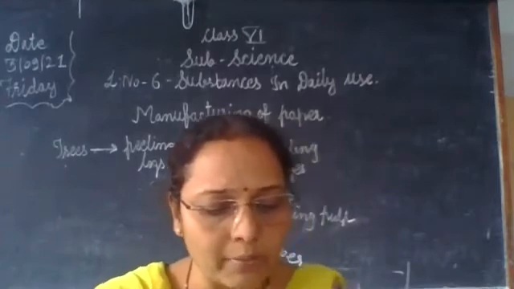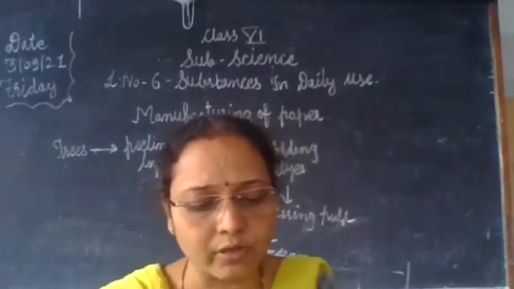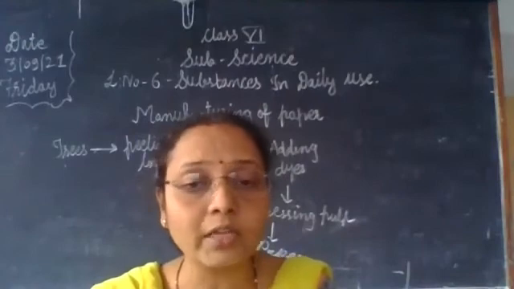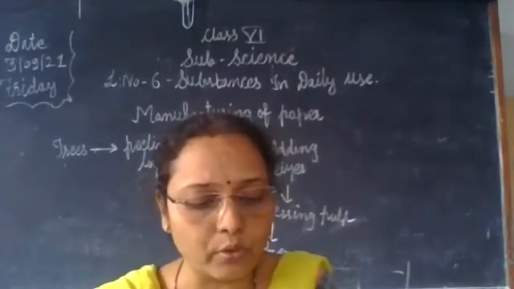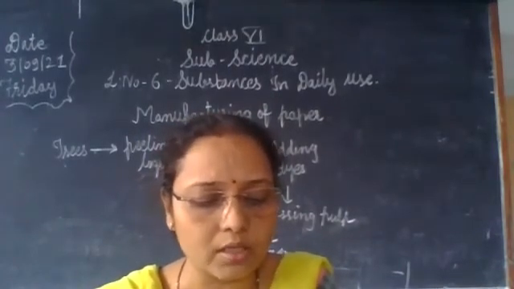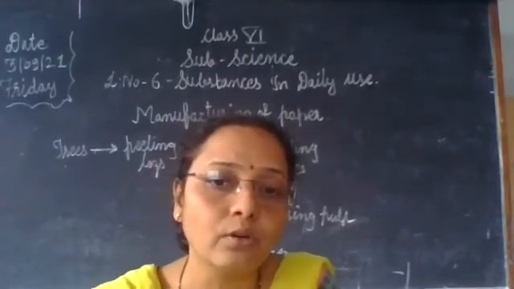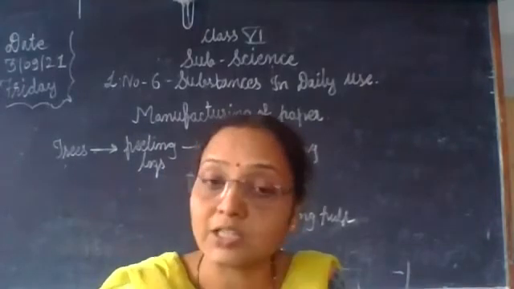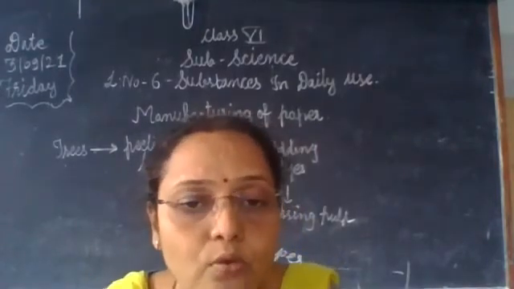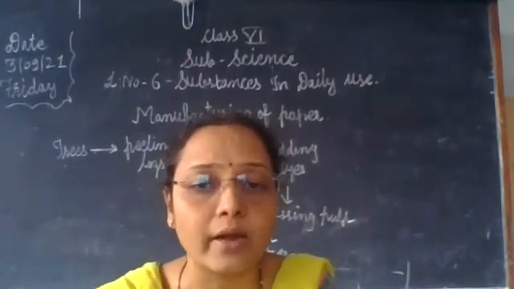So synthetic fibers, from the time it was first thought that artificial yarn could be produced to meet clothing needs of an increasing population. We know India has the largest population, and population goes on increasing day by day.